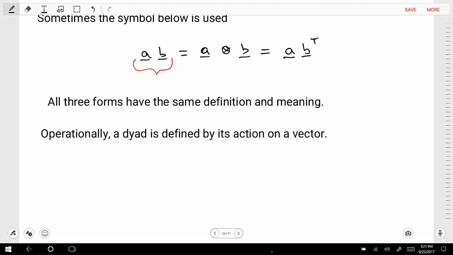A dyad is defined as AB dot product some vector V, the same thing as A in brackets B dot that vector V. So this is a three-vector relationship that persists between these vectors.